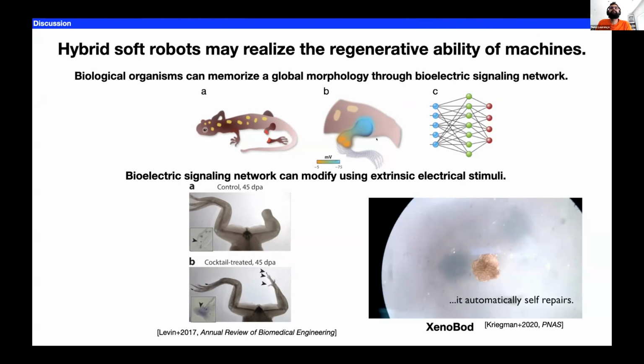The question's in the chat, but my question was, when you have the sea slug, the head is removed, but in your robots there's no obvious head. So how do you decide where to place your cut?